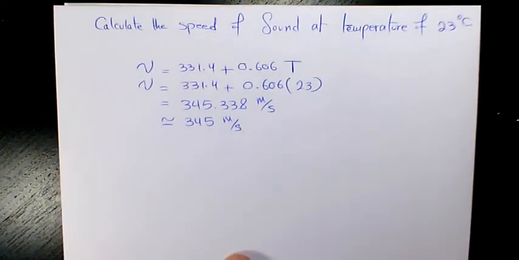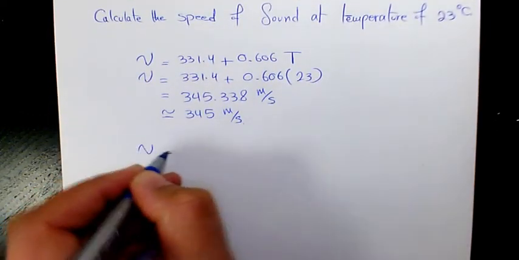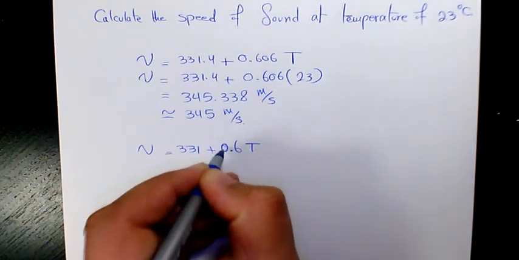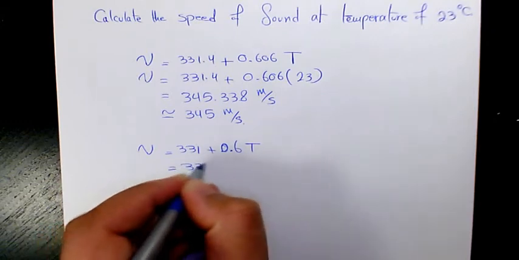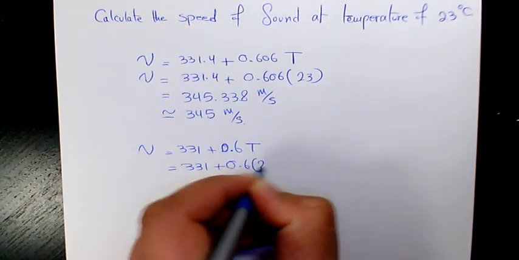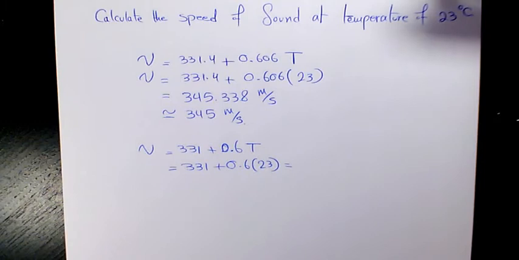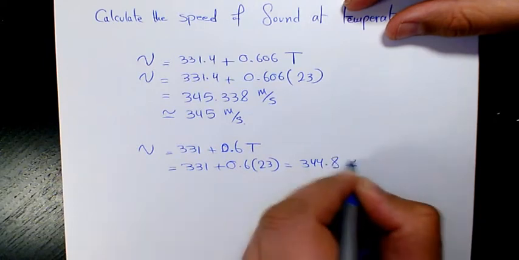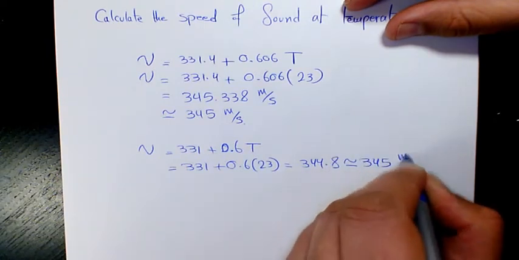Let's use the second equation. Second equation was 331 plus 0.6 T. So that's going to be 331 plus 0.6 times 23. And that's going to be 344.8, which is approximately 345 meter per second.